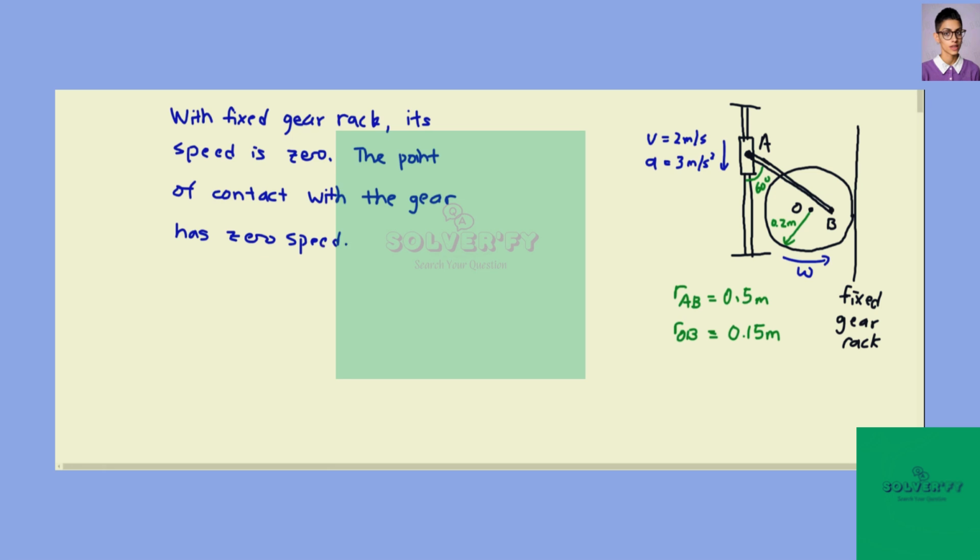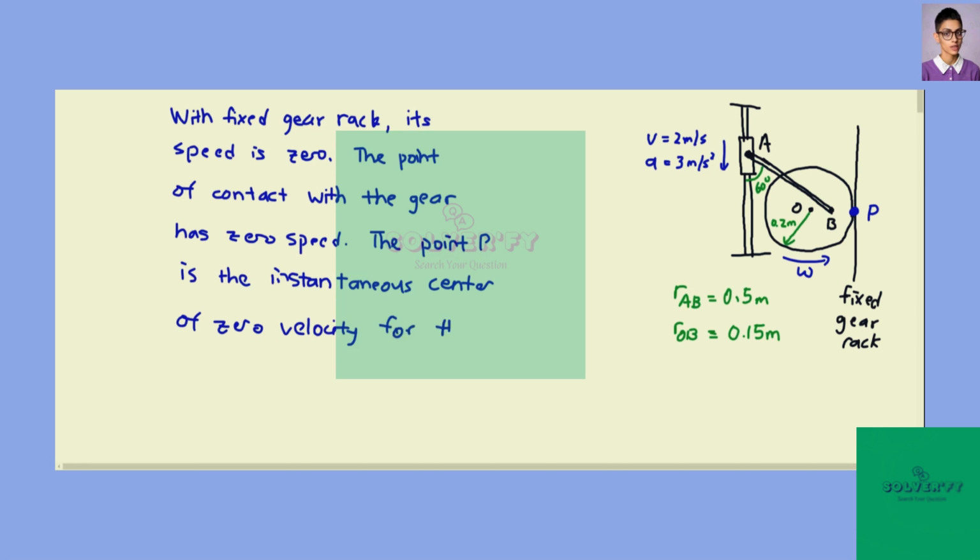And it will be the point P, which is here, the instantaneous center of 0 velocity for the gear.